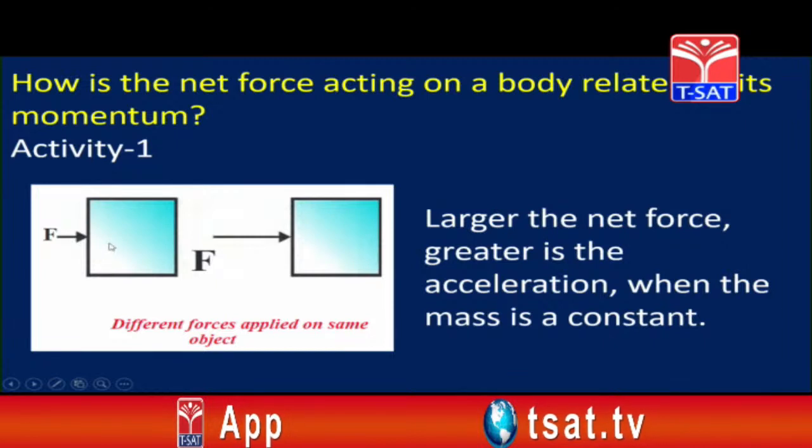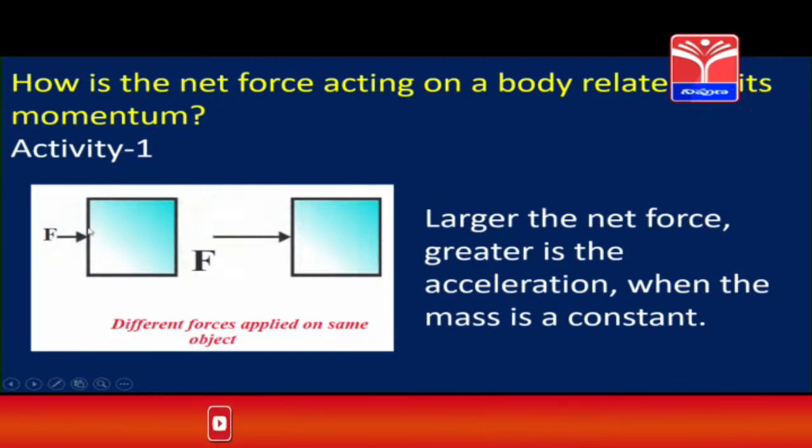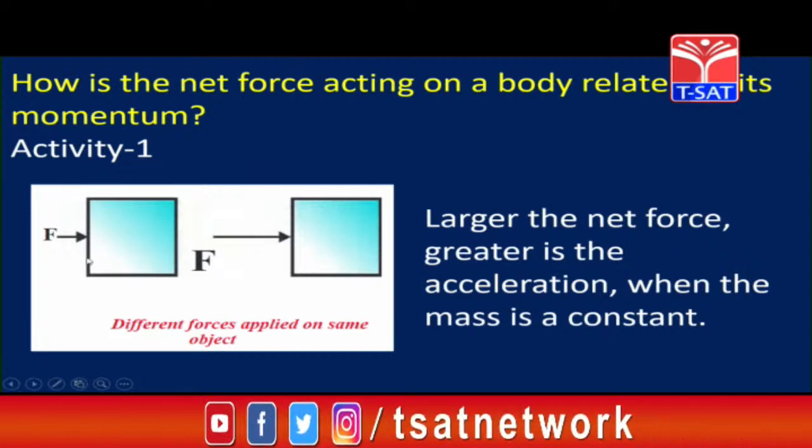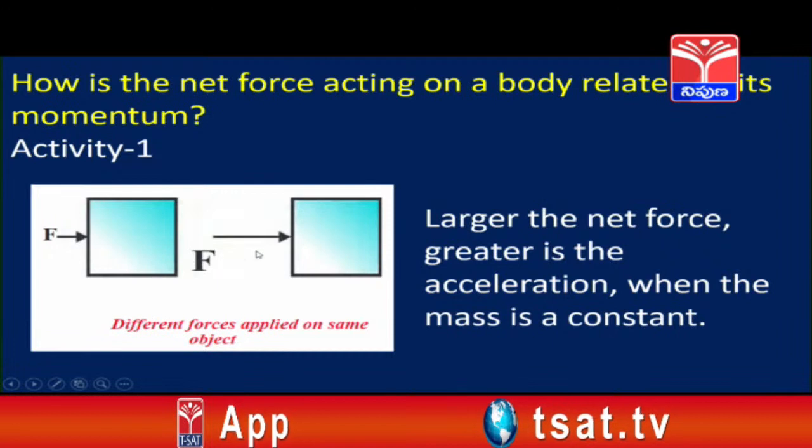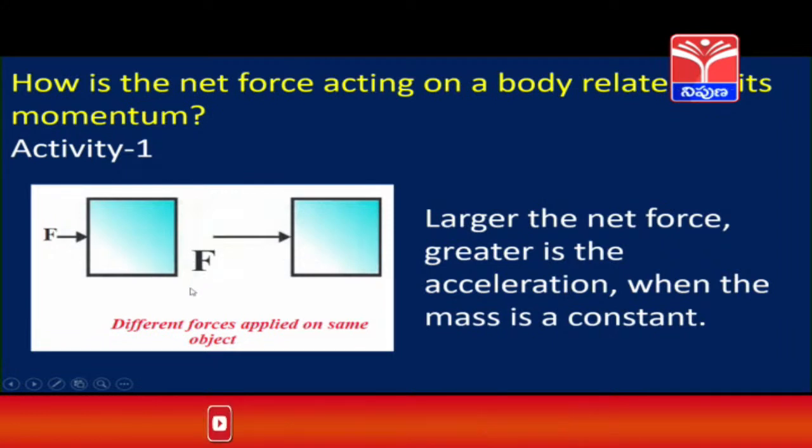We have written a small size f, just to say that the force that you are applying is small. So, you apply a small net force and what will happen to the object? The object will start moving. It is initially at rest, now it starts moving. But then you know that it will not pick up a lot of speed.